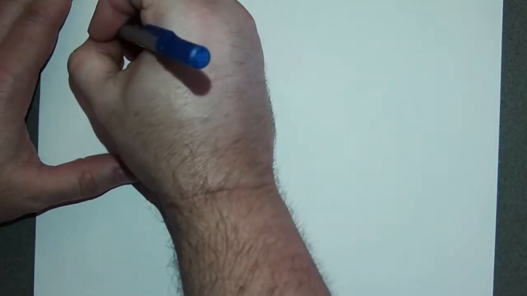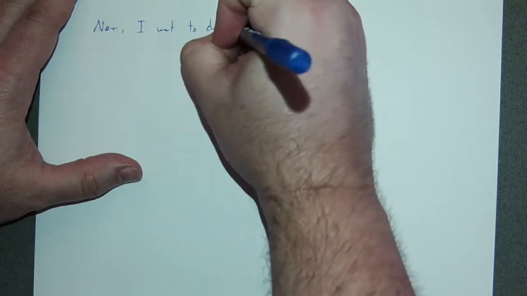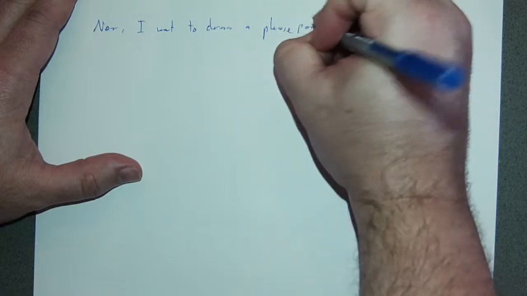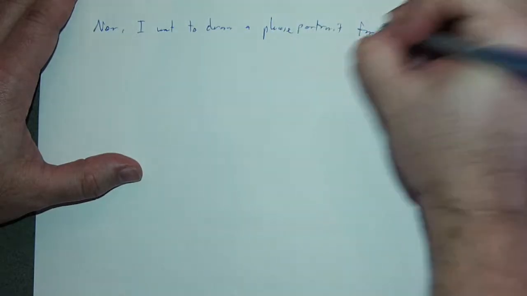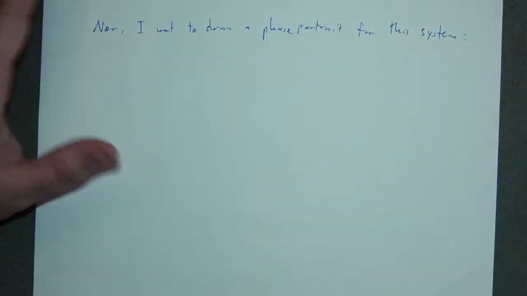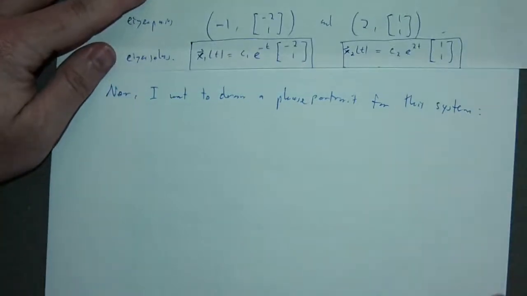Now I want to draw a phase portrait for this system. How am I going to do that? So the idea is, there's my eigensolutions.